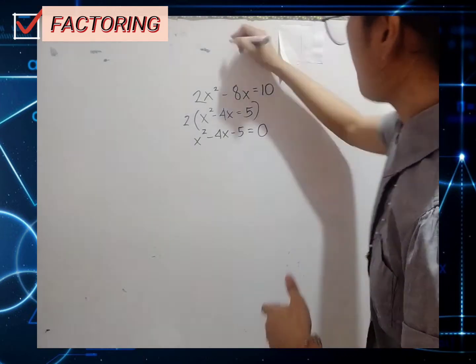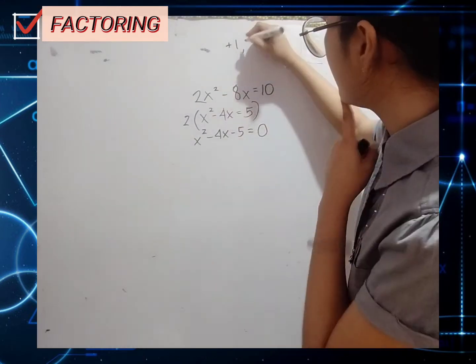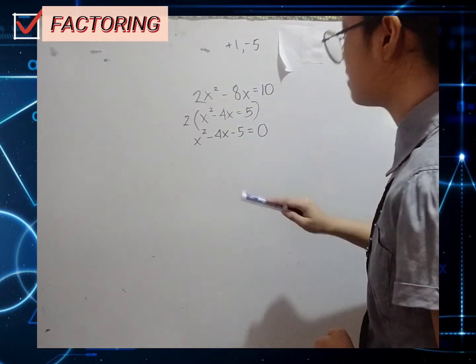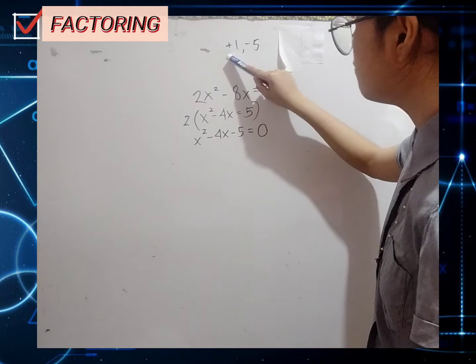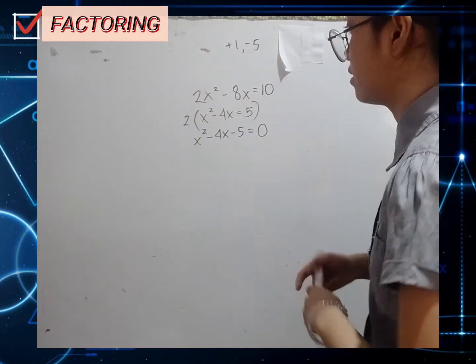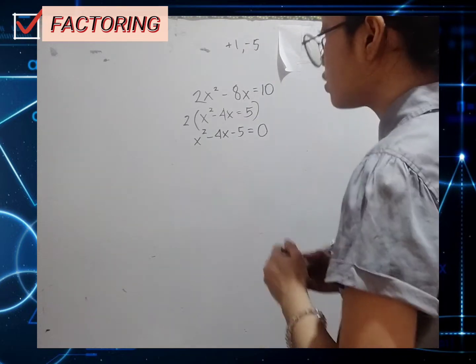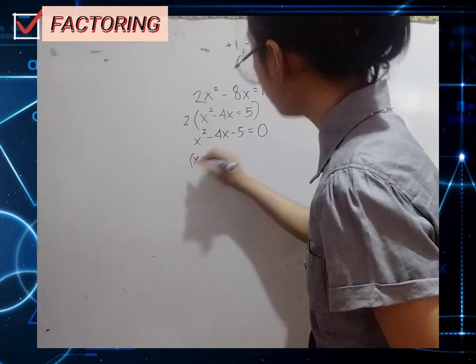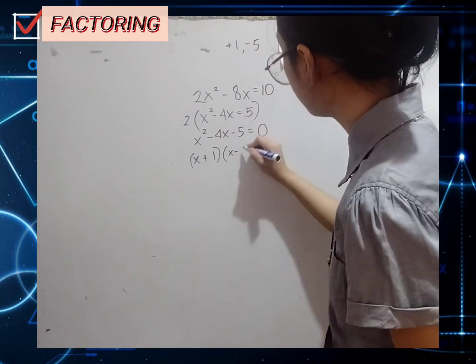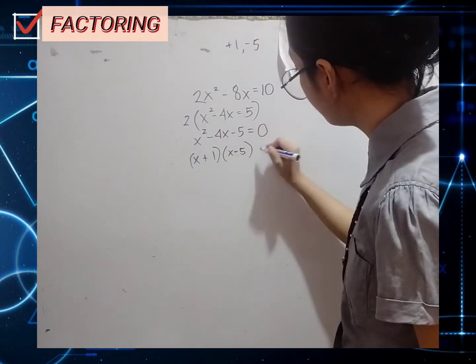So it is positive 1 and negative 5. Why? Because positive 1 times negative 5 is negative 5, and positive 1 plus negative 5, if we add, we get negative 4. So our factored equation is x plus 1 times x minus 5 equals 0.